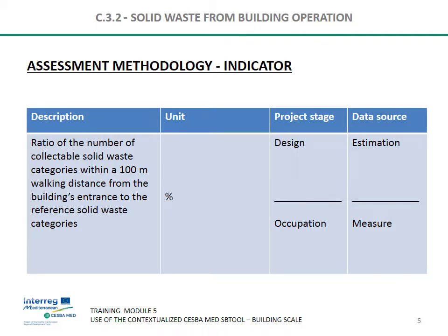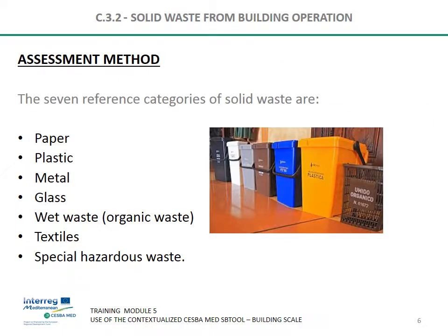The indicator can be evaluated as an estimation during the design stage or as an actual measurement during the occupancy stage. The 7 categories considered in this indicator are paper, plastic, metal, glass, wet waste, textiles, and special hazardous waste as separate waste collection points.